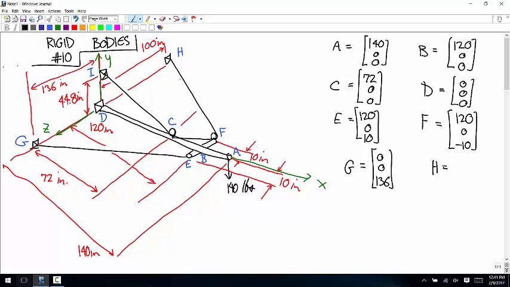H, you go from the origin 100 inches in the negative z direction, 0, 0, negative 100. And I, you go from the origin in the positive y direction, 44.8. So 0, 44.8, 0.